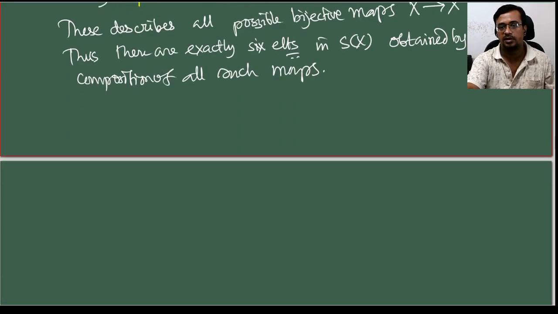Okay, so more explicitly, you can write down all such things this way: 1, 2, 3. You send 1 goes to 1, 2 goes to 2, 3 goes to 3. This is the identity thing.